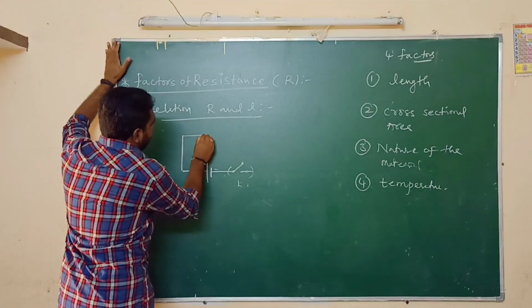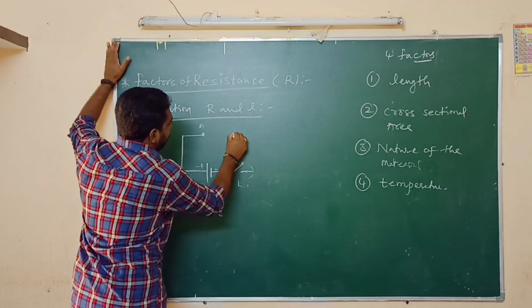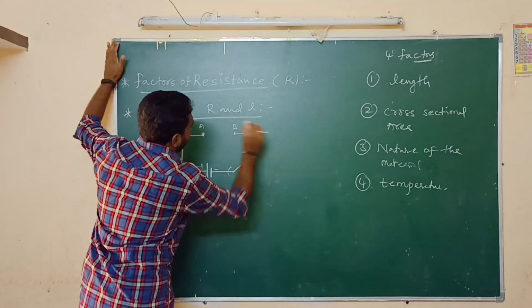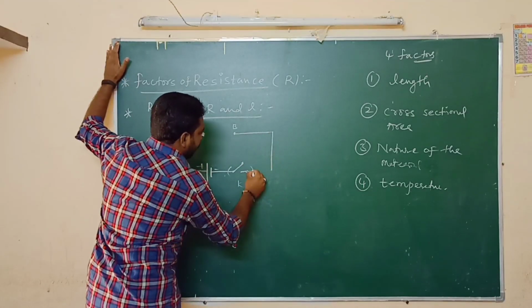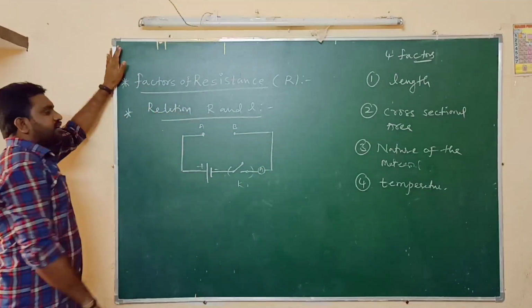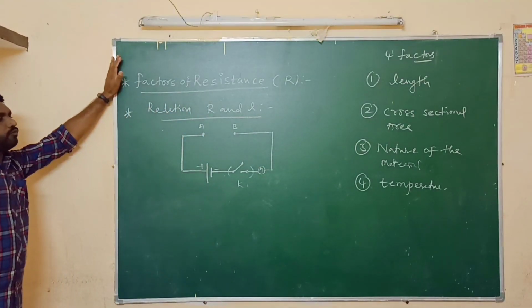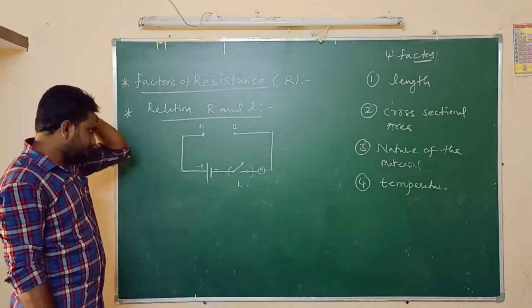Here we should leave some empty space, considered as AB. Next we connect the ammeter, which is used to measure the flow of current. In this way we construct one electric circuit.